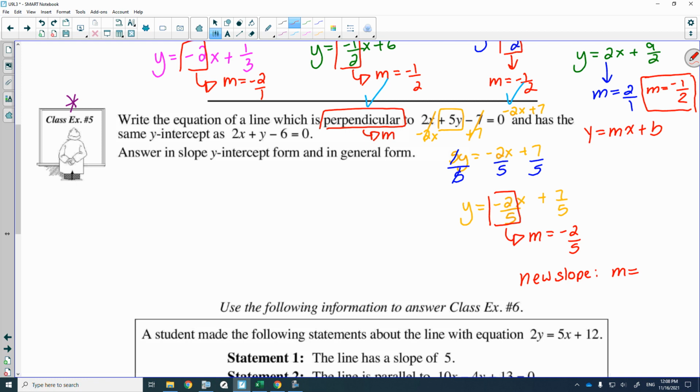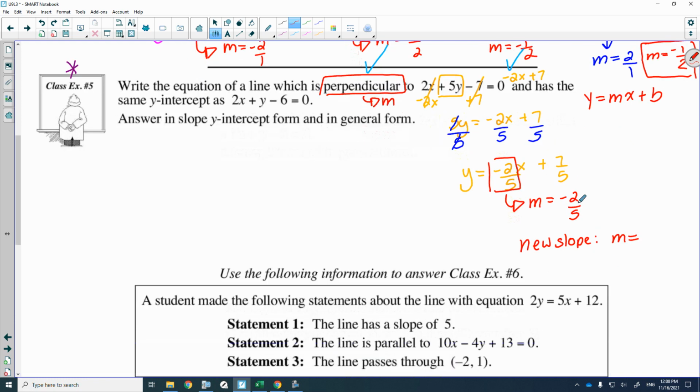Does anybody know what the new slope would be, if it's perpendicular to negative 2/5, what would it be? 5 over 2. It's the negative reciprocal. If this slope is negative, this slope is positive.